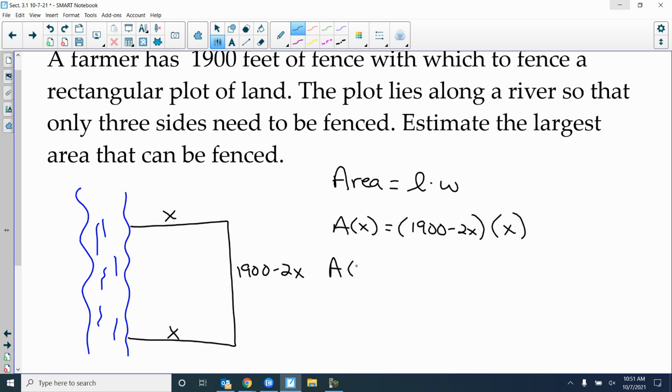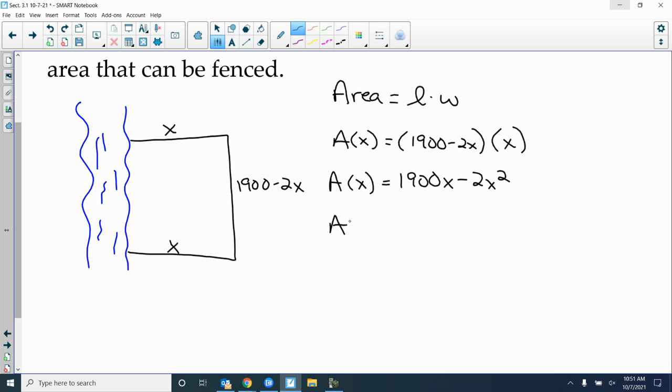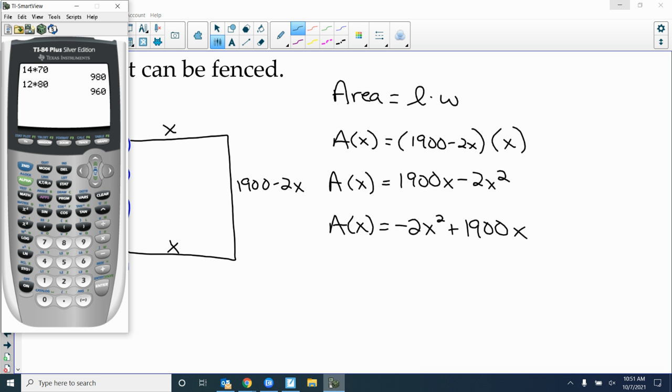Go ahead and distribute. 1900x minus 2x squared, and I'm just gonna reorder that. Negative 2x squared plus 1900x.